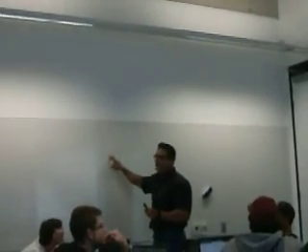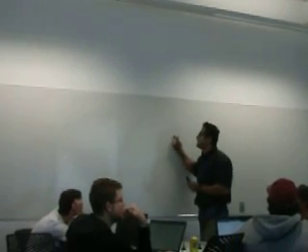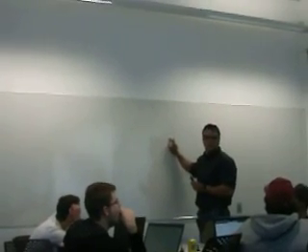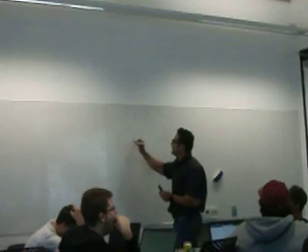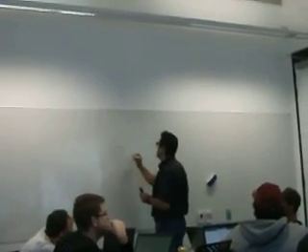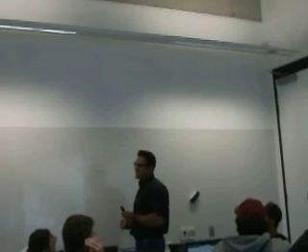So, 1 and 0, true and false, so it's false. The result is false. False is 0 in binary.